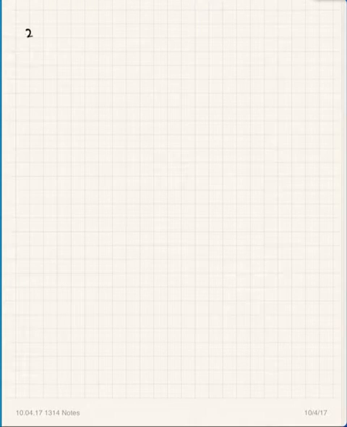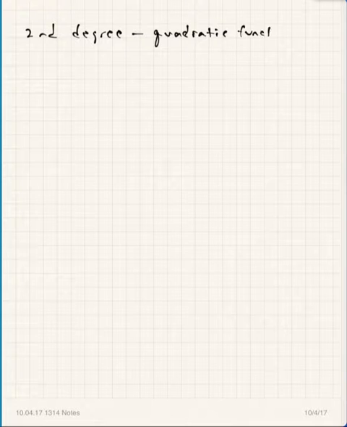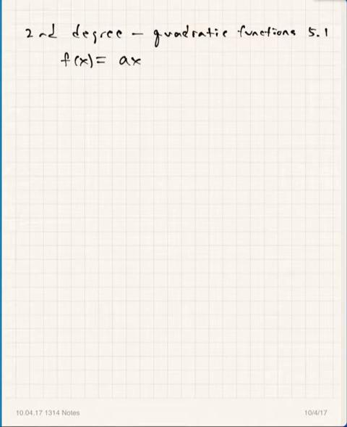So now, second degree polynomial functions. That was first degree on the last page. Second degree polynomial functions are called quadratic functions. That's what we covered back in section 5.1. And the general form for these is f of x equals ax squared plus bx plus c.